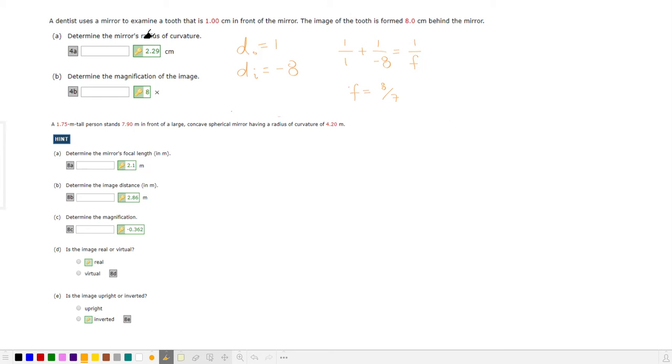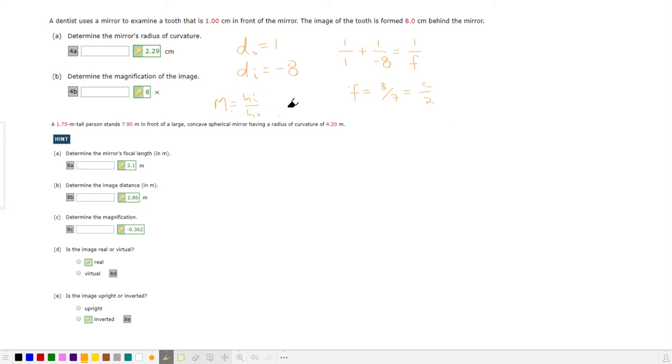We're asked to find the radius of curvature. We know that f is equal to c over 2. So that means I can multiply this by 2, and I get c equals 16 over 7, which is 2.29 centimeters. To determine the magnification, I need the image height over the object height.